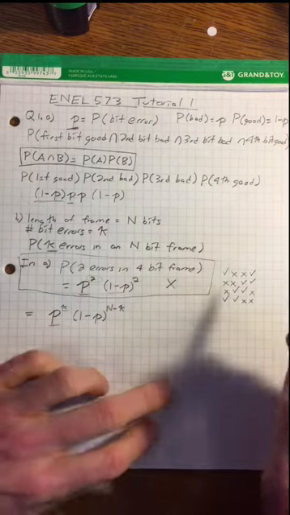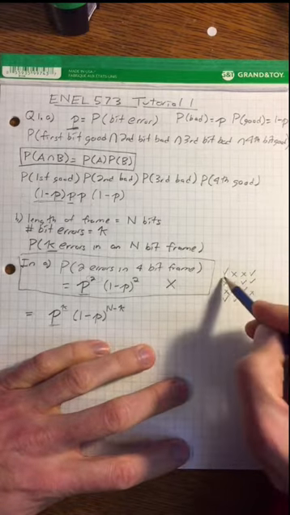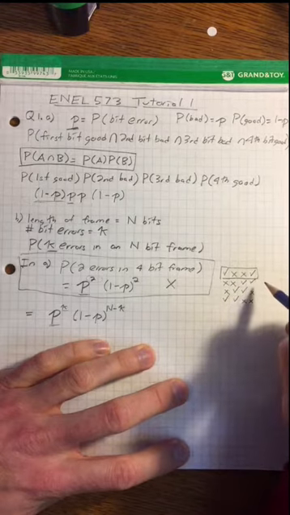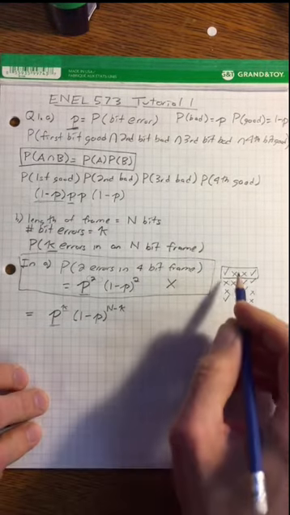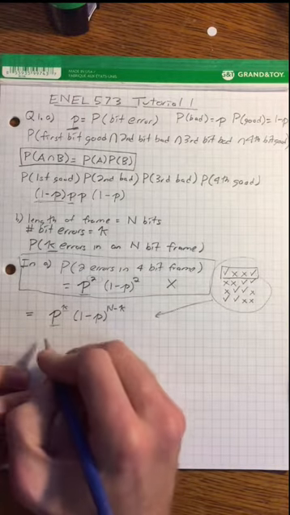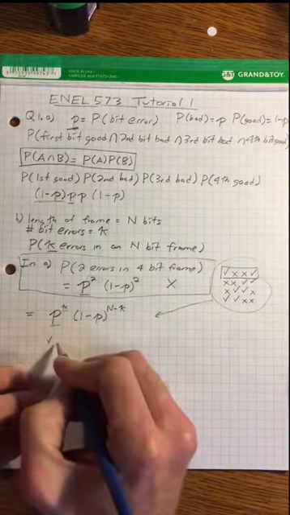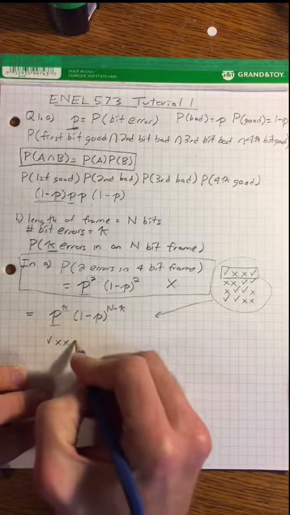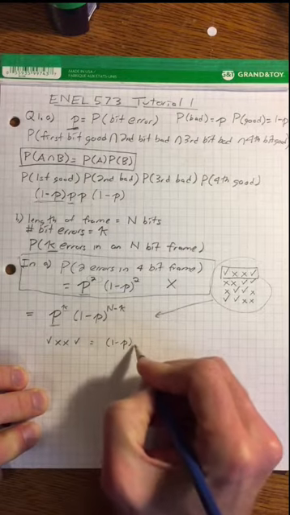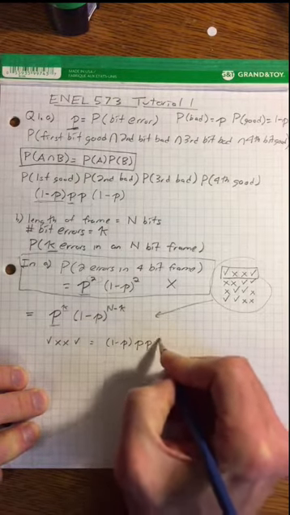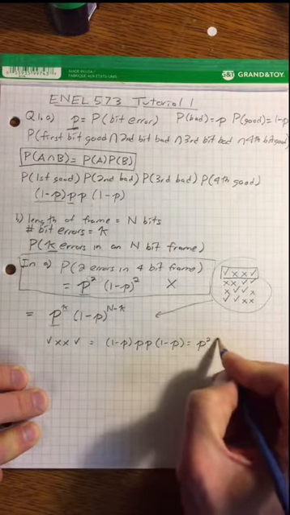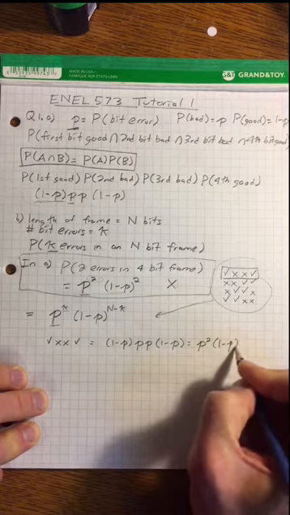And so the probability that we have this combination is just equal to, actually I'm running out of space, so I'm going to move this down. So the probability we have a good bit, 2 bad bits, and a good bit is equal to 1 minus p, p, p, 1 minus p, or in other words, p squared, 1 minus p squared.